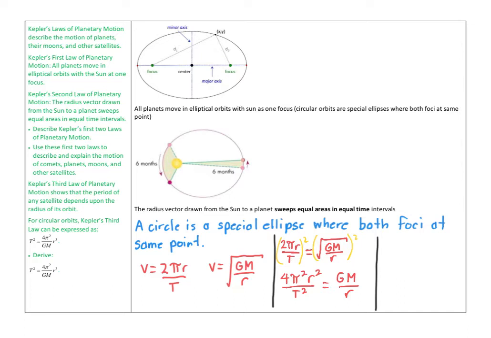And then we want to get period on its own. So I'm going to times both sides by period squared, that cancels. I want to get rid of the r here, so I'm going to times this side by r, and this side by r, which is going to make that r cubed in a sec.